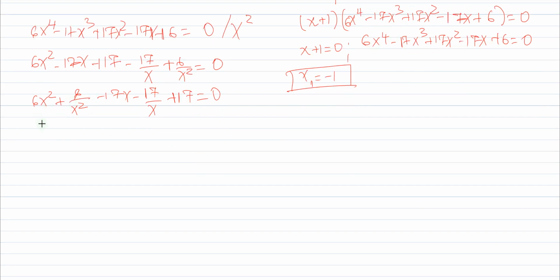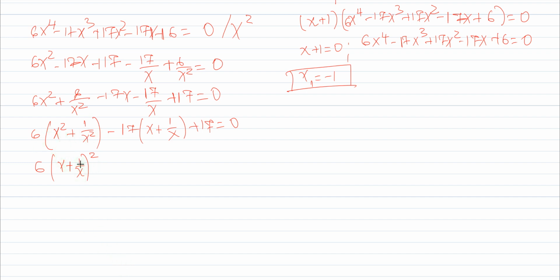From here I'm going to factor this 6. We have 6 times (x squared plus 1 over x squared) minus 17 times (x plus 1 over x) plus 17 equals 0. Now, x squared plus 1 over x squared is the same as (x plus 1 over x) squared, but I have to take out twice the product of these terms.